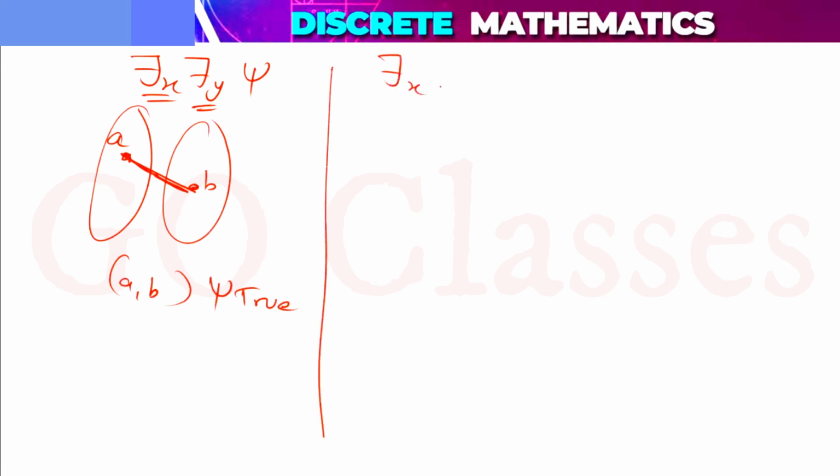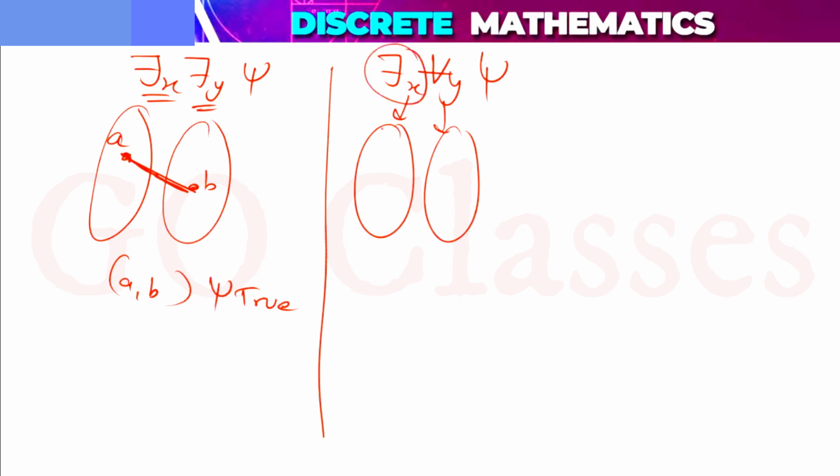Now if you see there exists x for all y, let's see this. What is the meaning of this? Again, this is the domain of x, this is the domain of y. Then this says that there exists someone, at least one, such that with him you can take everyone.